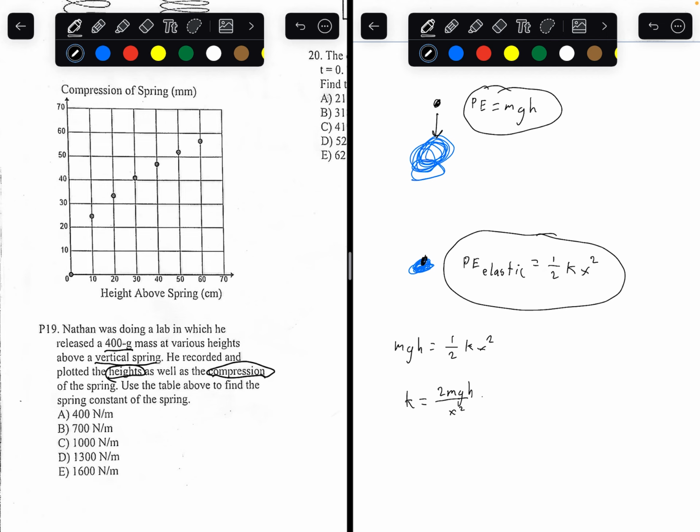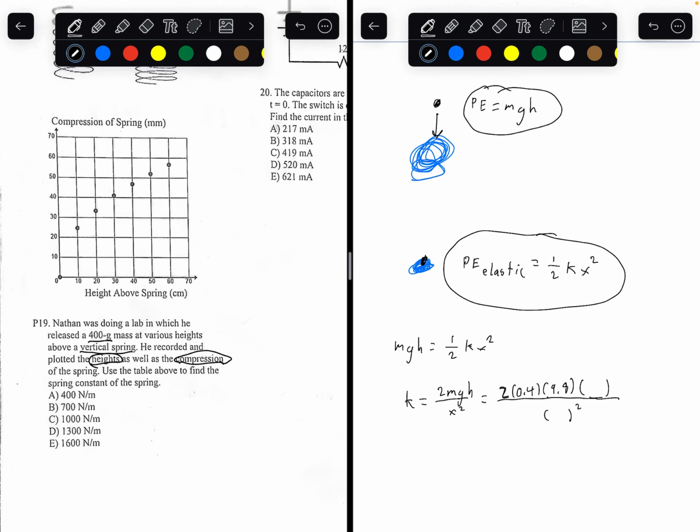Now you just want to plug in the values, both from the chart and what you already know. You already know that the mass of the block is 400 grams. Since the standard unit of mass in physics is kilograms, you want to convert this to 0.4 kilograms. The gravitational constant is 9.8. And we want to find the height and the compression squared.